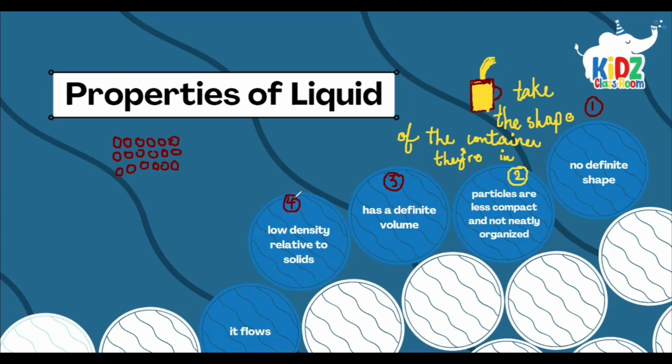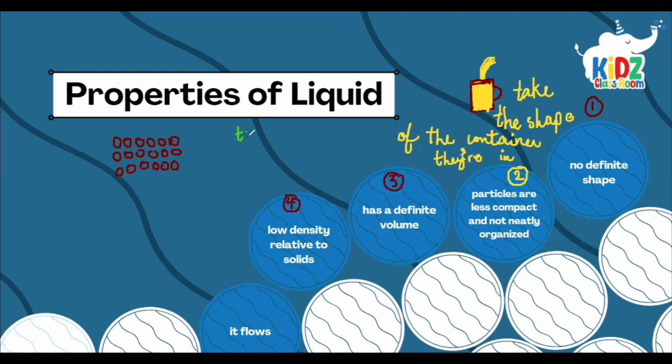Fourth one is low density relative to solids. How? Liquids are less dense than solids. Why? Now you tell me why. Why were solids denser than liquids?